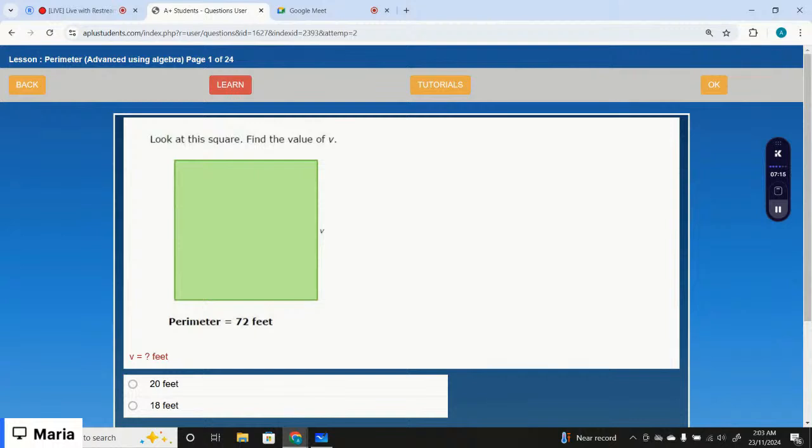Look at this square. What is the value of b? You are given the perimeter, that is 72 feet, right? So that is a square. A square has all four sides equal in measurement.